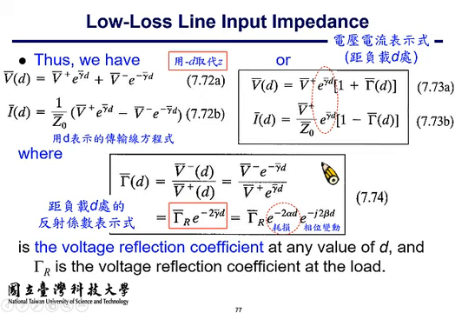Again, for lossless transmission line, the reflection coefficient magnitude is the same everywhere. Only the phases are different. However, for a lossy transmission line, not only the phases are different, the magnitudes are not the same. The longer the transmission line, the smaller the reflection coefficient.